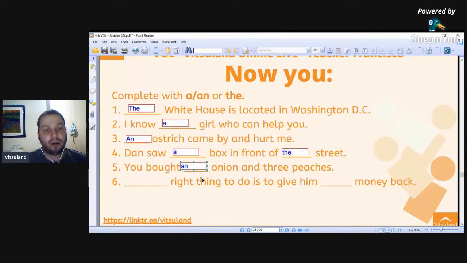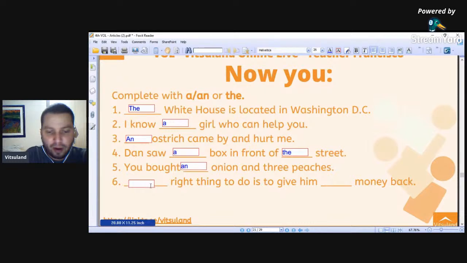And what else do we have here? The right thing to do is to give him the money back. So in this case, we're talking about a specific thing. We're determining.